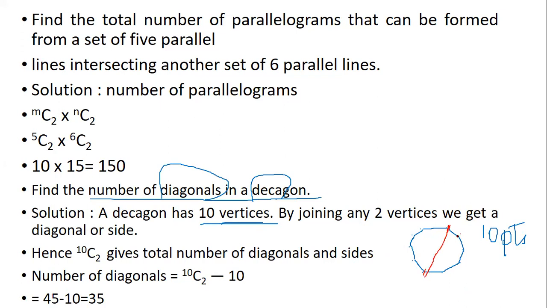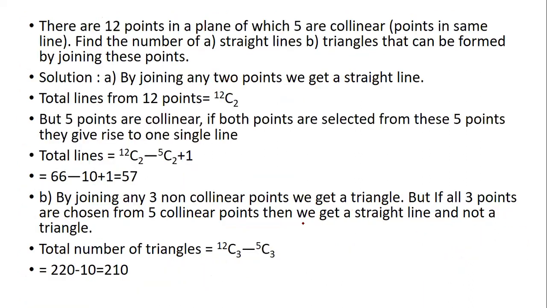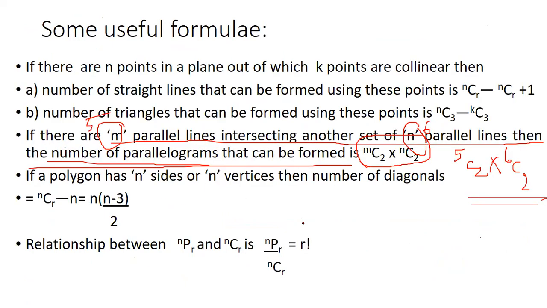Again, if I join this point and this point on the opposite side, then it is a diagonal. Now in a decagon, they're asking how many diagonals can we form. This also can be easily solved by using the property. Let's go back and check what is that property of combination.